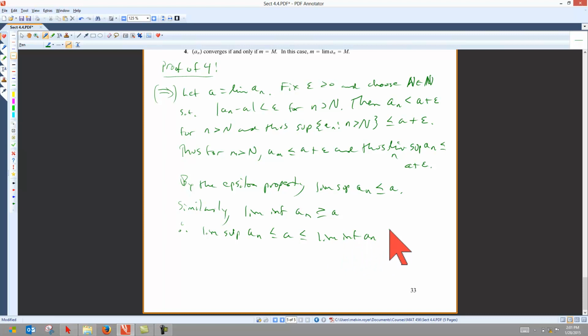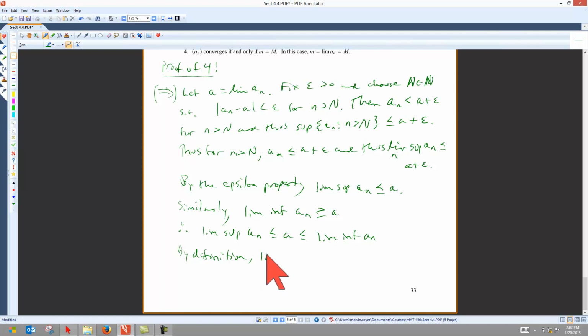But now think back to the definition of lim sup and lim inf. They were very closely related, but the lim sup talked about taking the supremum of a set, and the lim inf talked about taking the infimum of that same set. So by definition, the inequality the other way around is true.